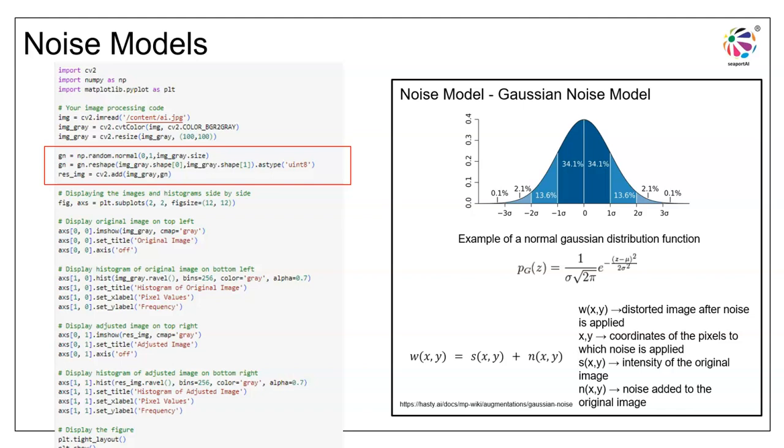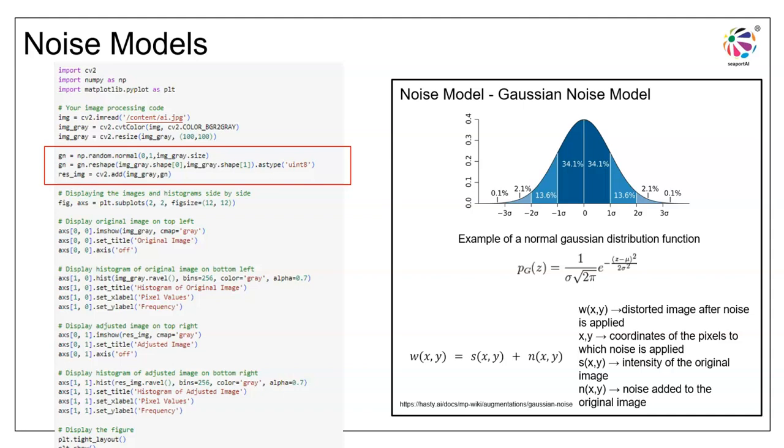The astype uint8 function is converting the data type of GN to 8-bit unsigned integer format. This is the standard format for images where pixel intensities range from 0, which is black, to 255, which is white.